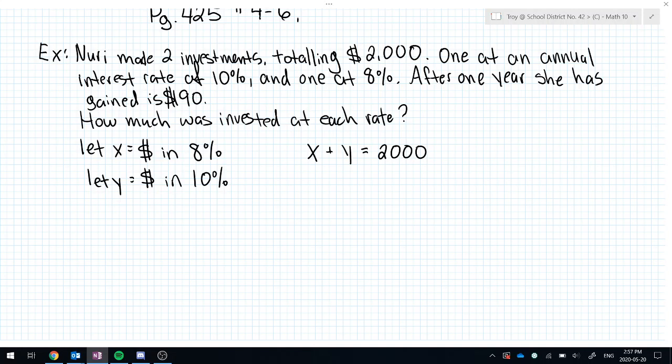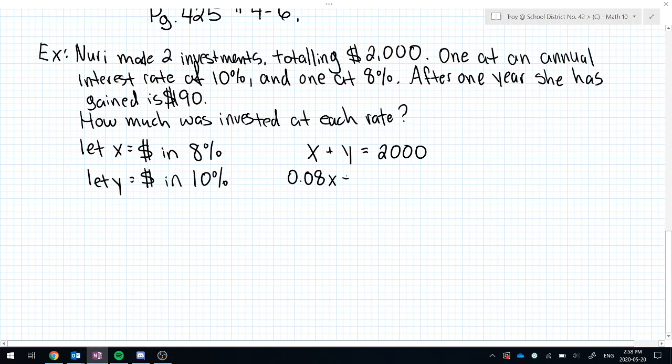So if we want to know the amount of interest from the 8% account, well, that's going to be 0.08. That's 8% as a decimal. And we just multiply it by the amount of money that was in that account. Well, what variable are we using to represent the money that's going into the 8% account? It's x. So we're going to put 0.08x because we're multiplying it by that interest rate, that 0.08.